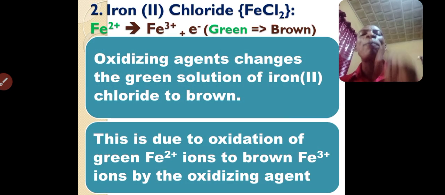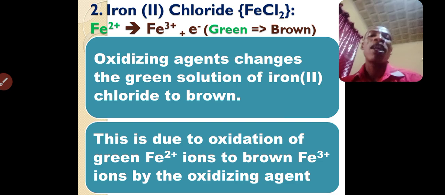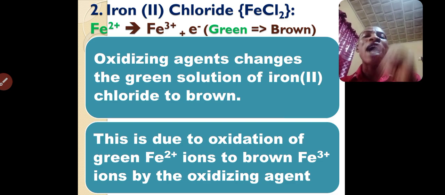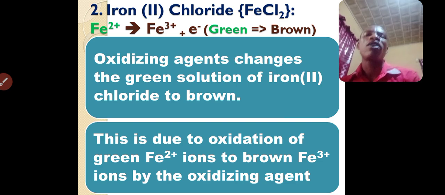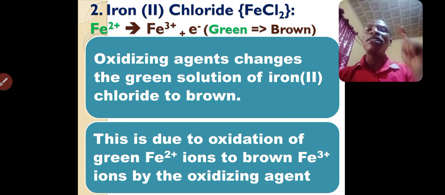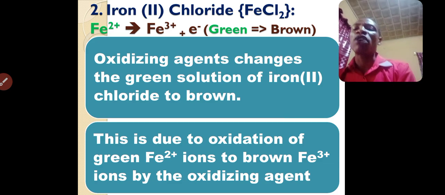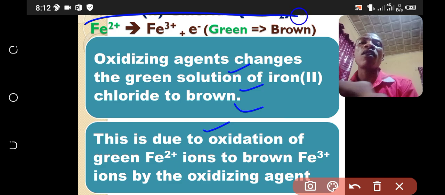Another example of compounds that are normally used to detect oxidizing agents is iron(II) chloride. Usually iron(II) salts are green in color, and when they get oxidized, they become iron(III) salts, and these iron(III) salts are brown in color, as you can see from the screen.